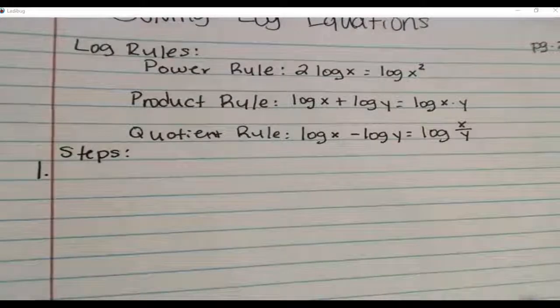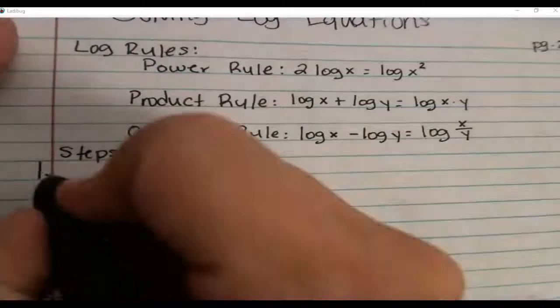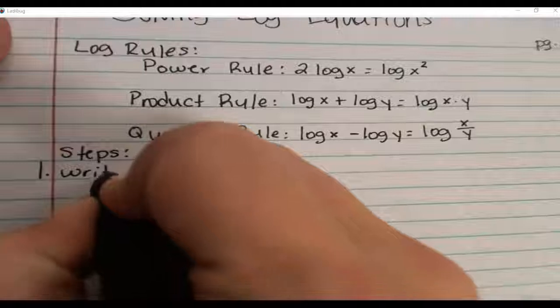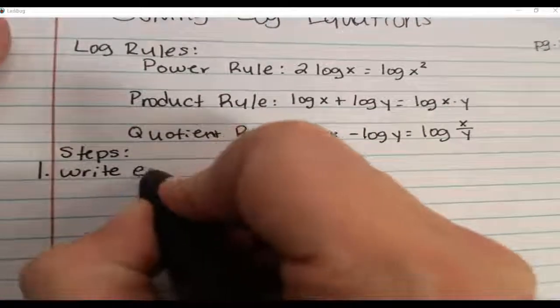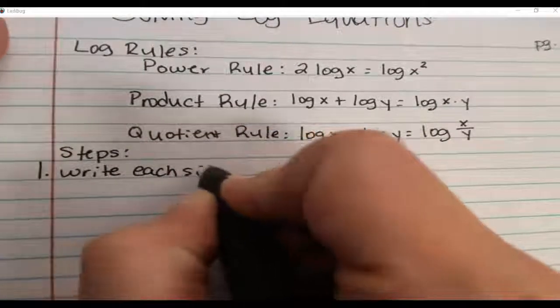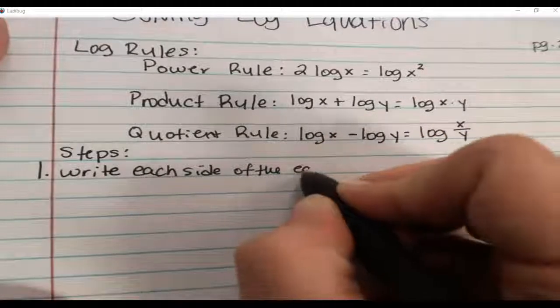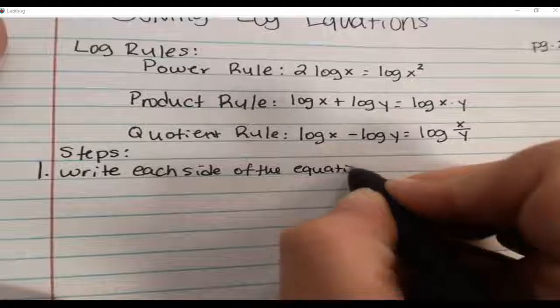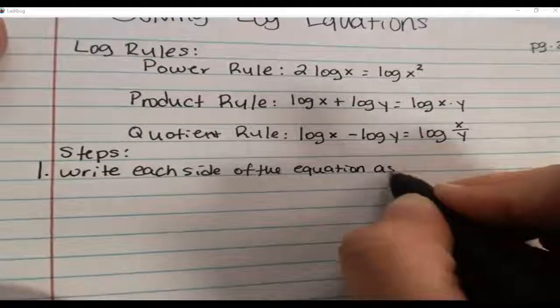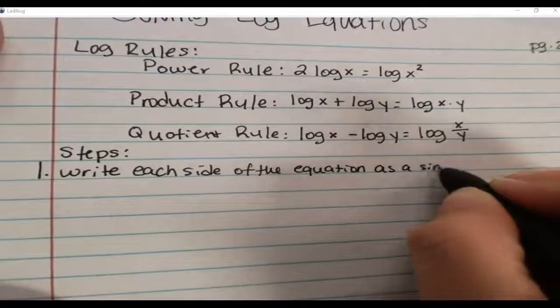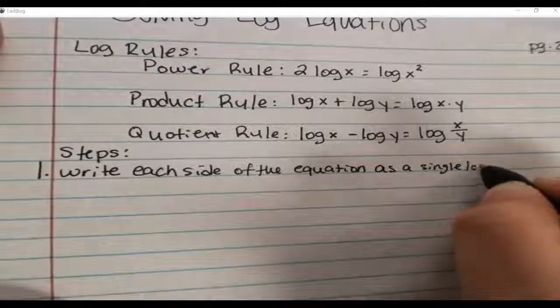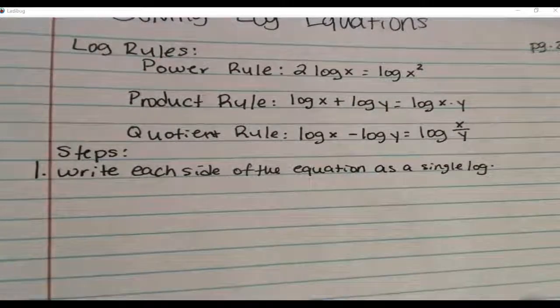So the first thing that you want to do is write each side of the equation as a single log. Okay. So if you have 2 adding, you change it to multiplication. If you have 2 subtracting, you change it to division.